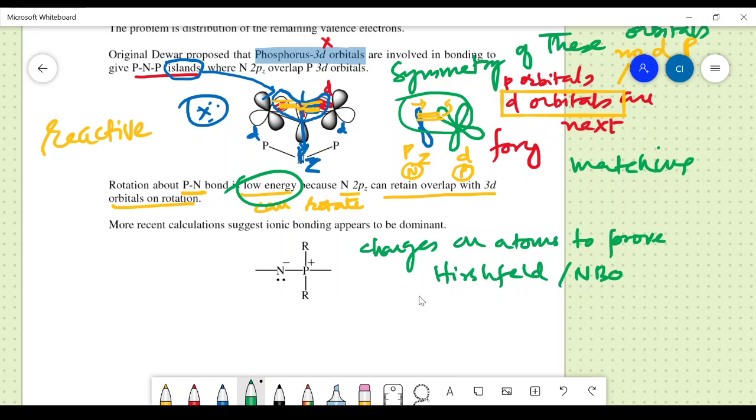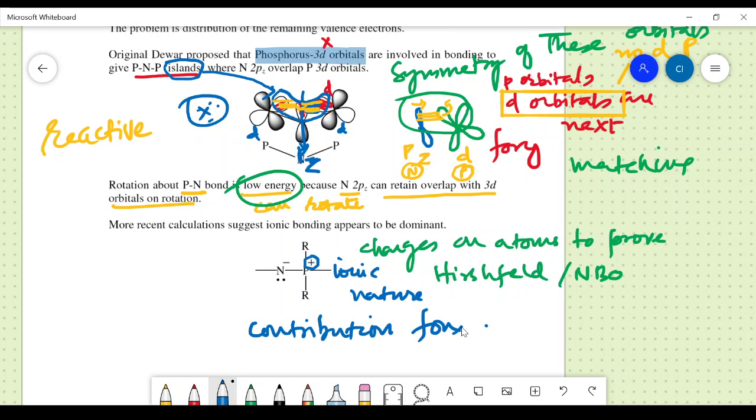So they have calculated this and proved that this is existing in the ionic nature. But there is a contribution from the d symmetry orbitals. I'm not telling the d orbitals, the d type symmetry orbitals. There is contribution to this one.